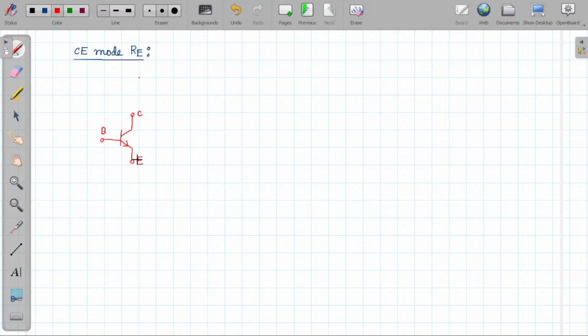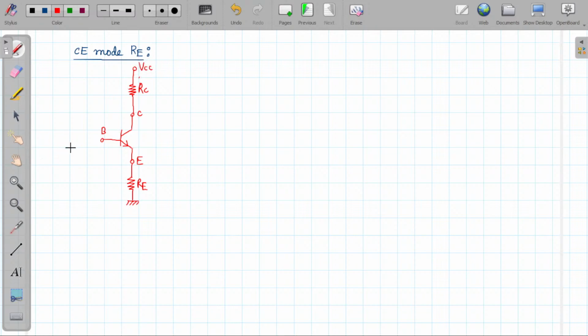Since it is common emitter with RE, there will be an emitter resistance at the emitter terminal, and it will be grounded. So this is the RE resistor. There will be an RC resistor, the collector resistor, connected to the collector terminal, and there will be a DC supply VCC.